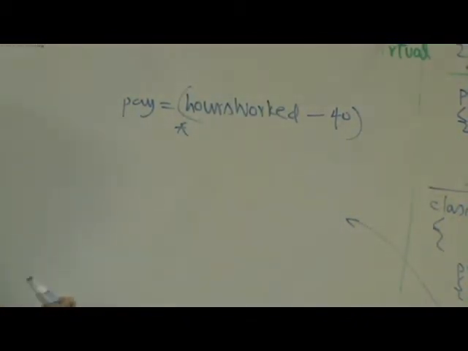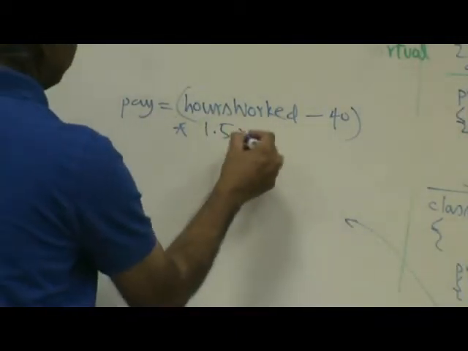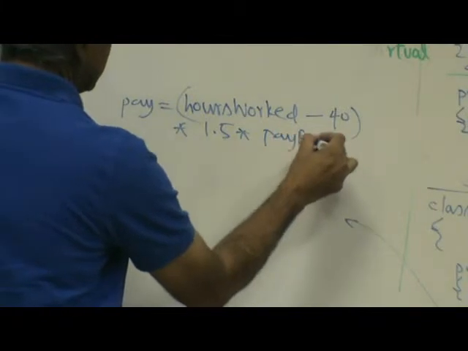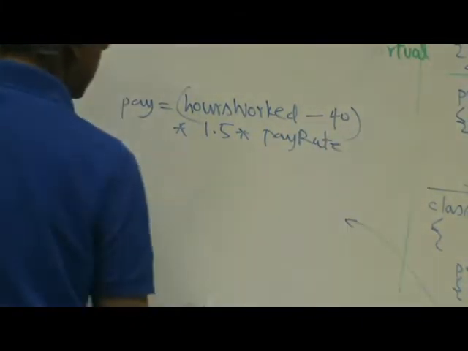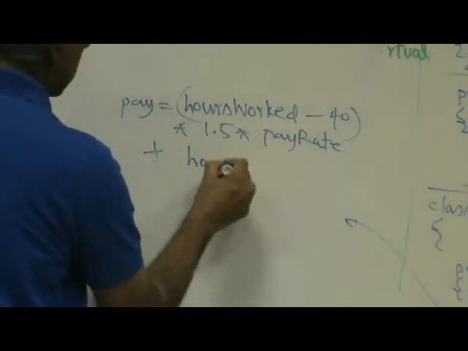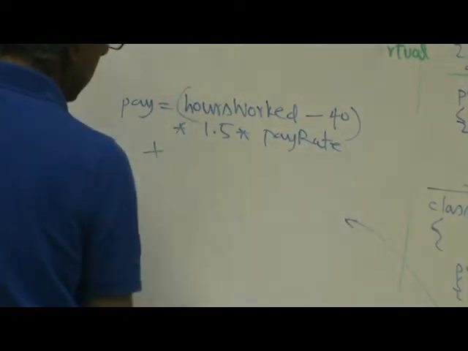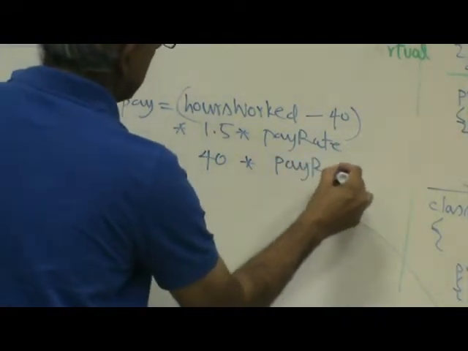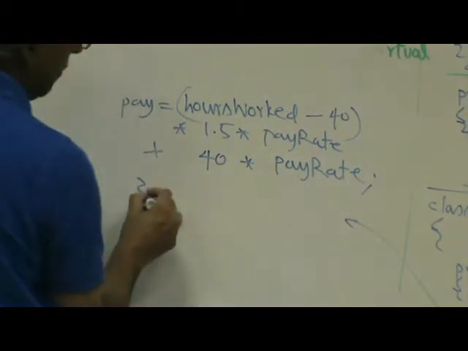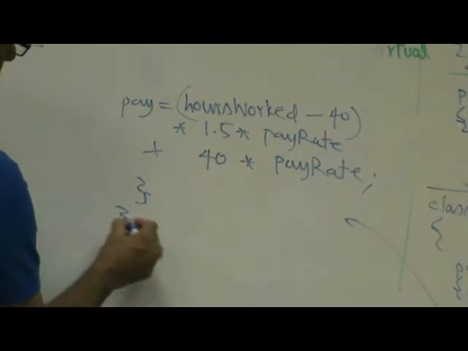So if somebody worked 50 hours, right? So this will be 10 times 1.5 times pay rate, correct? Plus, sorry, 40 times pay rate. So anyway, that's the end of the method, end of the class.